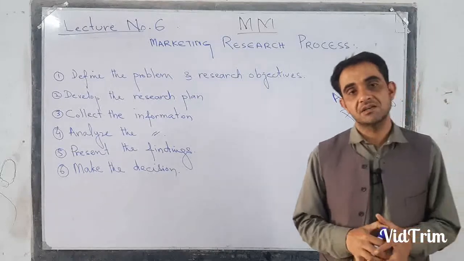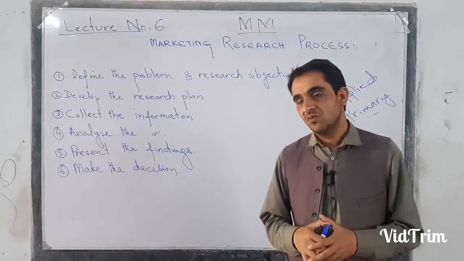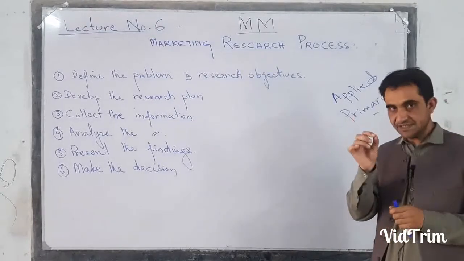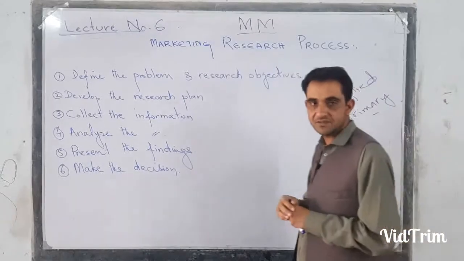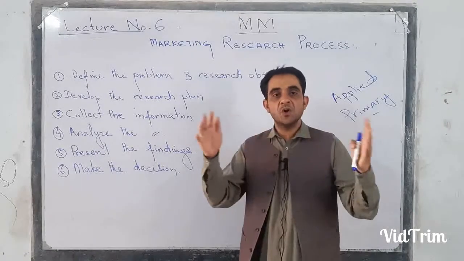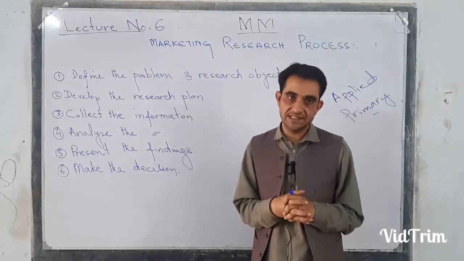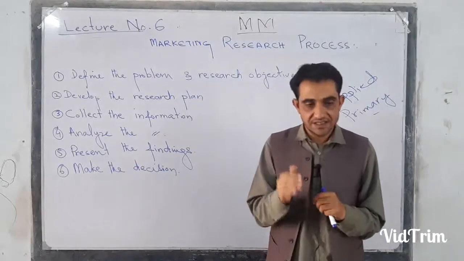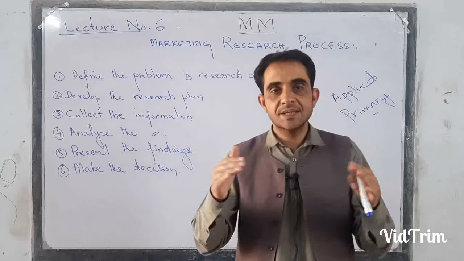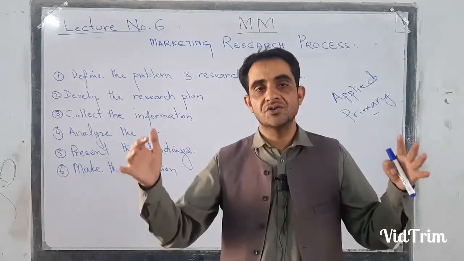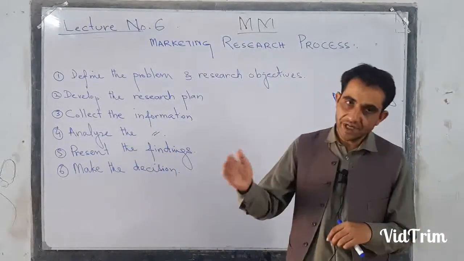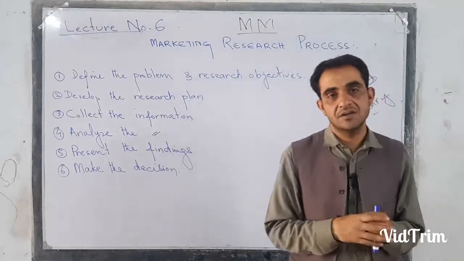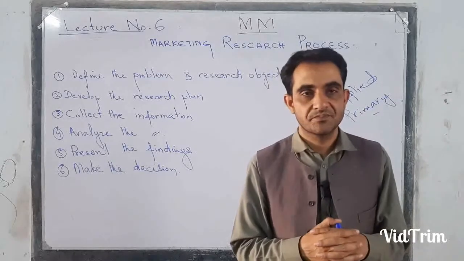While primary research is when the problem is not faced by a specific organization, but it is a general problem faced by many organizations, or the researcher is conducting the research to widen the borders of existing knowledge, or to add something new to the existing body of knowledge. This is called primary research.